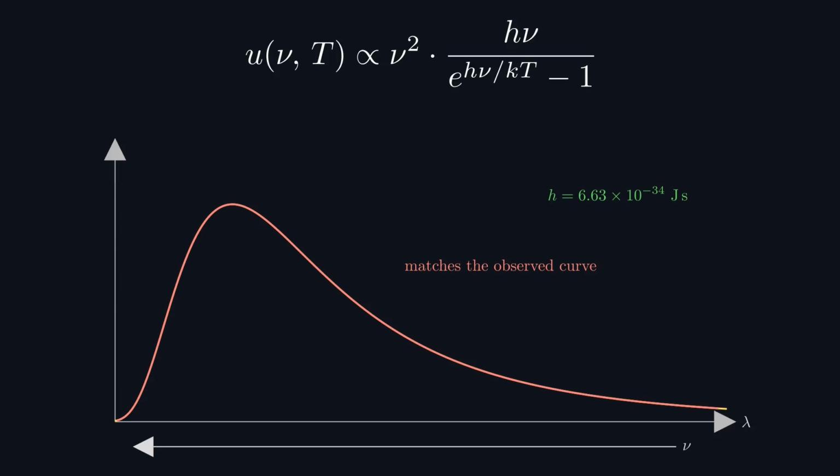This means that the quantized theory of energy, something that Planck thought of as nothing more than a mathematical trick, predicts the intensity distribution of energy far better than classical physics, and this is the exact moment that I would pinpoint as the true birth of quantum physics.